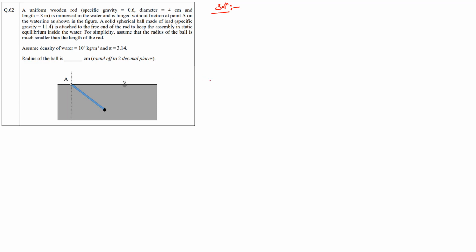Let's first try to see what is given to us. I will call this wooden rod R. The specific gravity of this wooden rod is 0.6, and the density of water is given as 10^3 kg/m^3. So the density of the rod is 0.6 times the density of water, if rho W is the density of water.